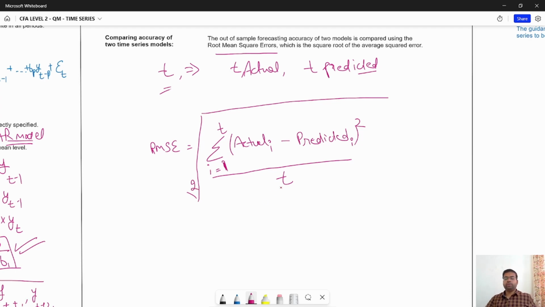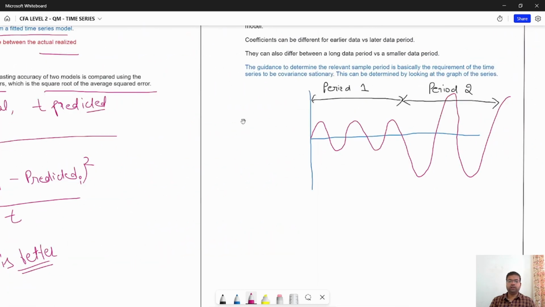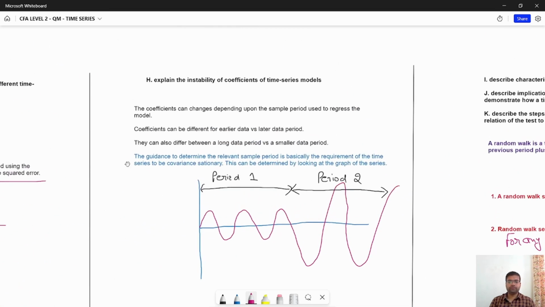This is the root mean square error, the square root of the mean of squared errors, the square root of the average squared error. A model with lower root mean square error is preferred. So if you are comparing two models, the one with the lower root mean square error performs better than the one with a larger value.